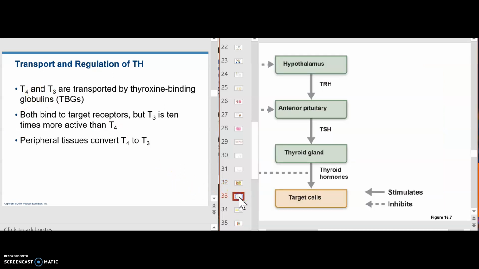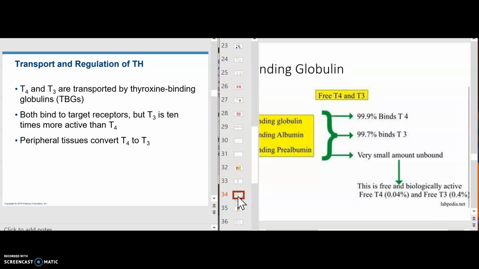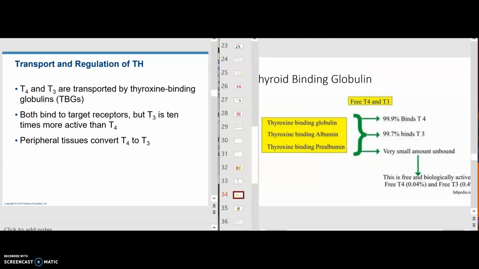So what's going to happen is that, because they are lipid soluble substances, they are going to be bound in the bloodstream by carrier protein. The main one is thyroxine-binding globulin, you can see, and then there's albumin and prealbumin.